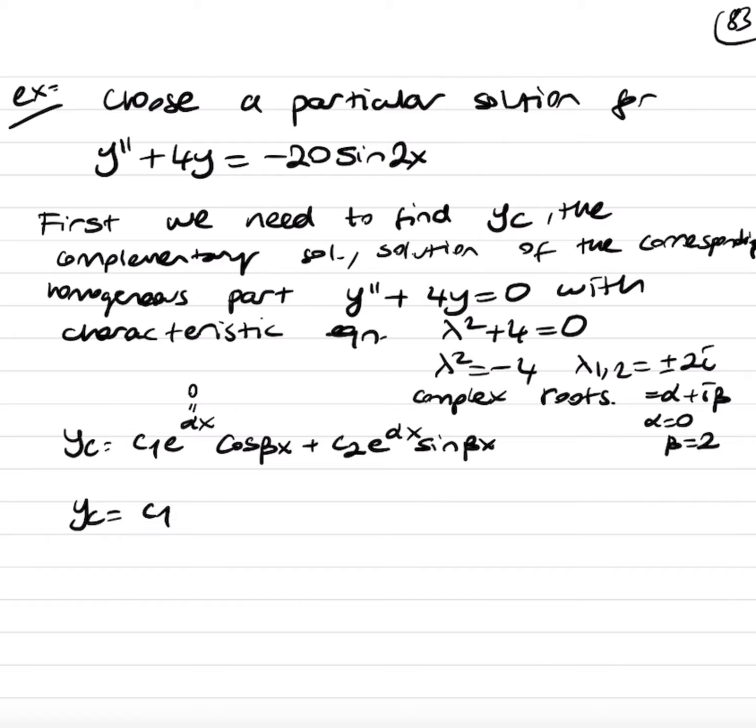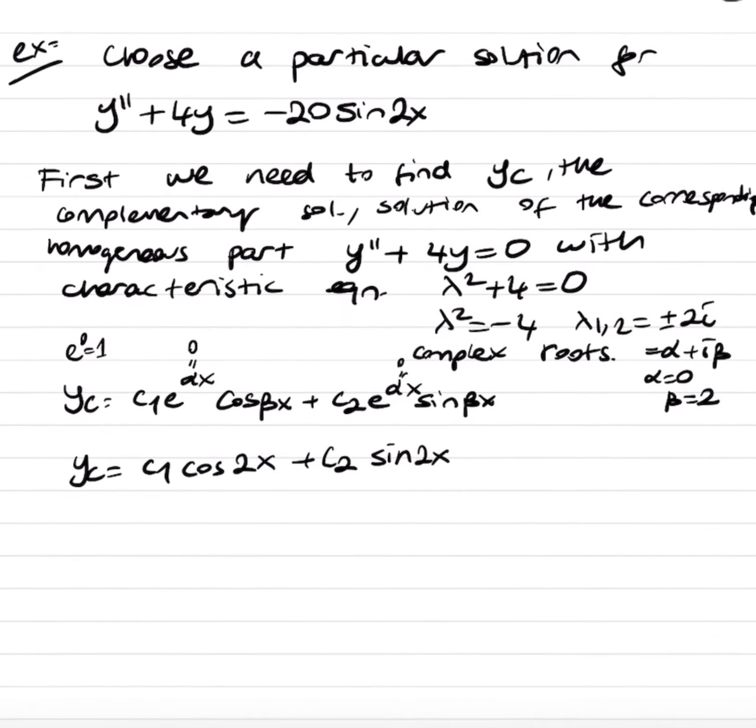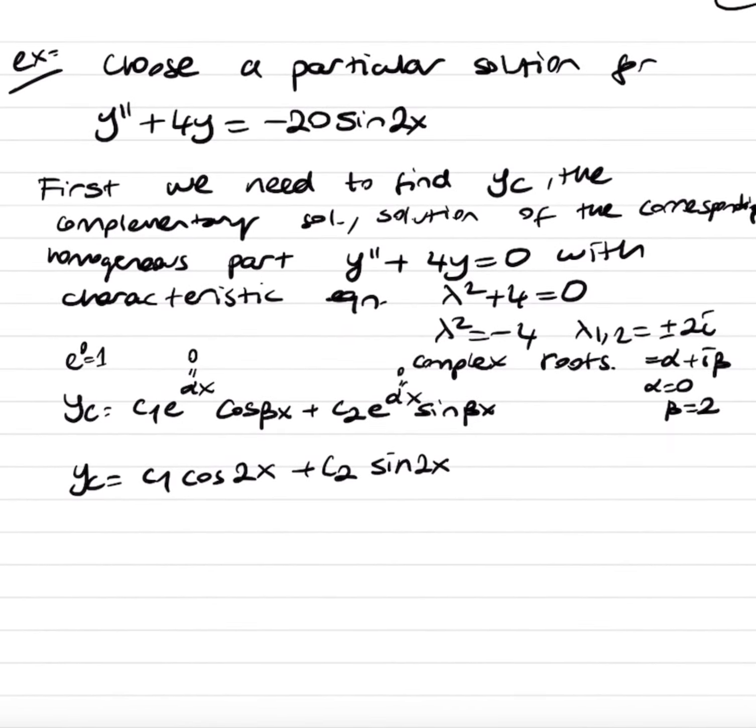So this is c1 cosine 2x plus c2 sine 2x. Great, we found the complementary solution.